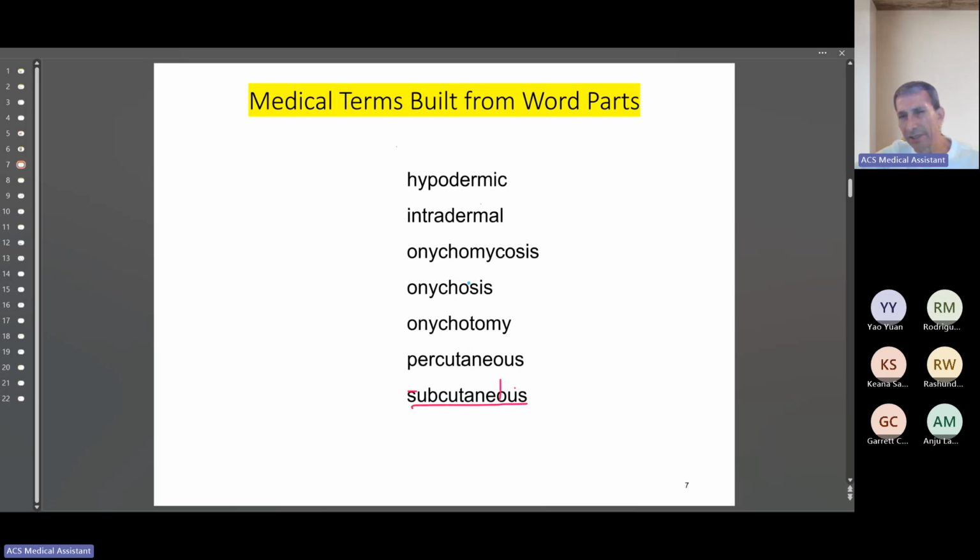Subcutaneous: OUS, suffix; cutane, word root; sub is the prefix. Sub means under. So pertaining to under the skin. Under the skin, but we cannot ignore the suffix. It says pertaining to under the skin.